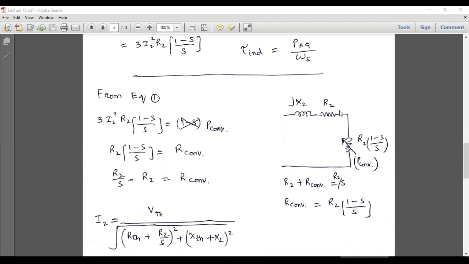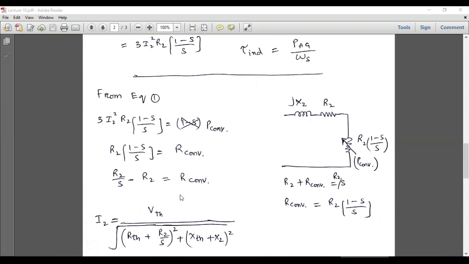The sum of these two powers, rotor copper loss plus P converted, is equal to air gap power. So the total power dissipated across these rotor resistances is called air gap power. So this is rotor copper loss, and this is the P converted, the power which is actually converted to mechanical power.